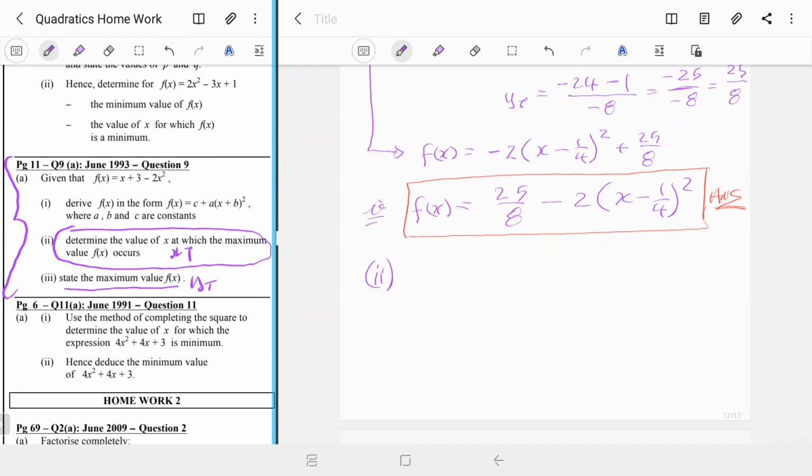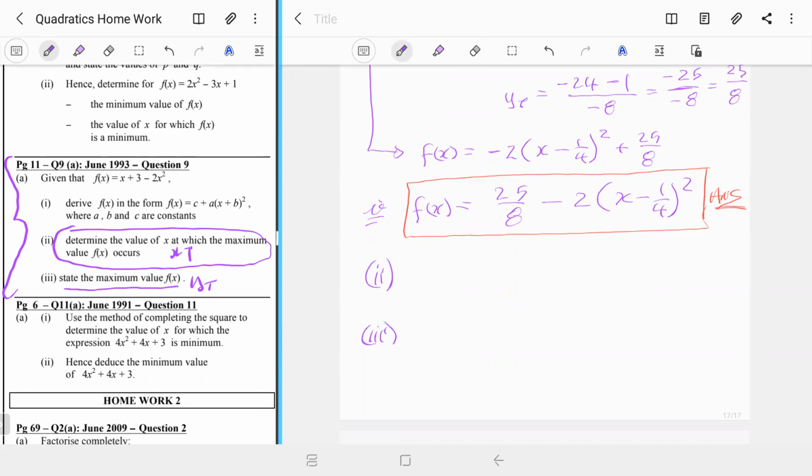Those are answers. I can just write the value of xt here, which is a quarter. And for part 3, I can just write the yt, which is 25/8. Those are my answers. But for the purpose of the class, let's put a little bit more sugar on it.